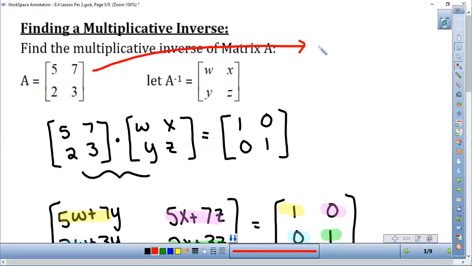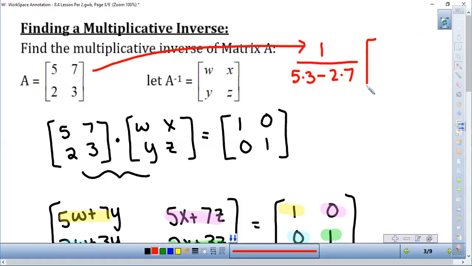A quicker way to get the inverse of this is to do 1 over A times D, so that's going to be 5 times 3, minus B times C, so that'll be 2 times 7, and we're going to put that in front of the matrix, so the A and the D are going to switch places. In this case, that's the 5 and the 3. They're going to switch. And then the other two, we're going to put a negative in front. So we have -7 and -2.